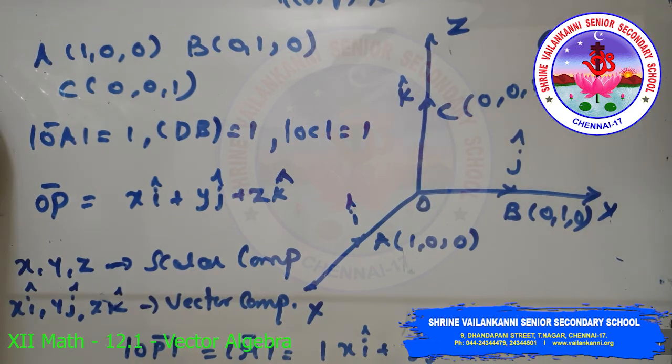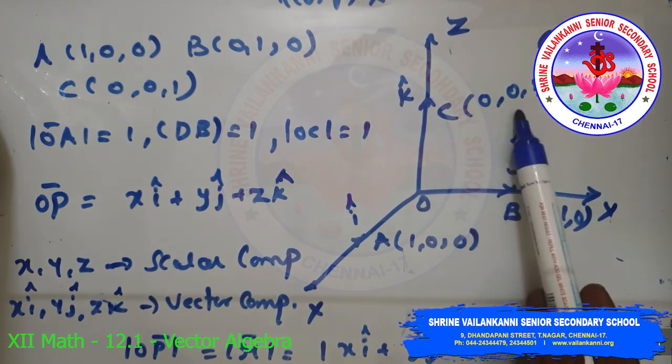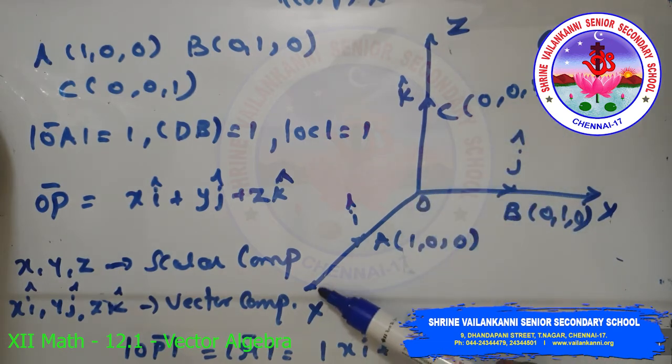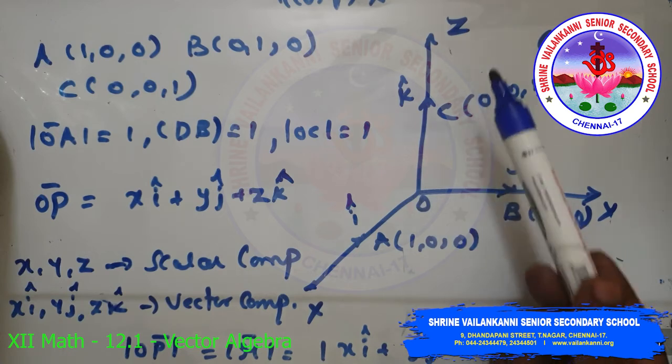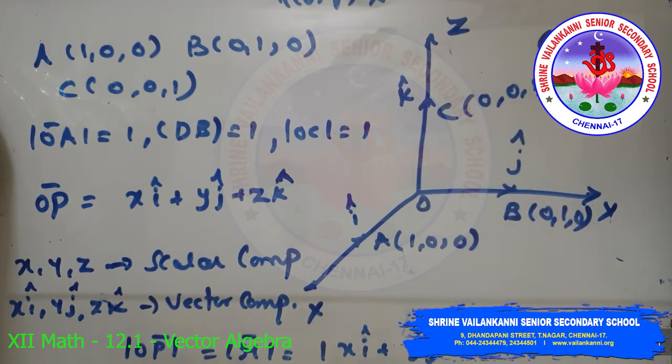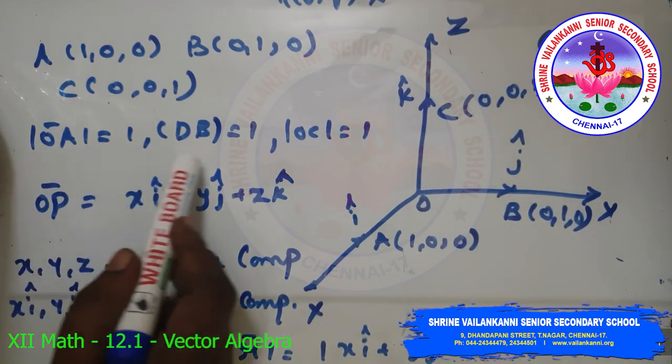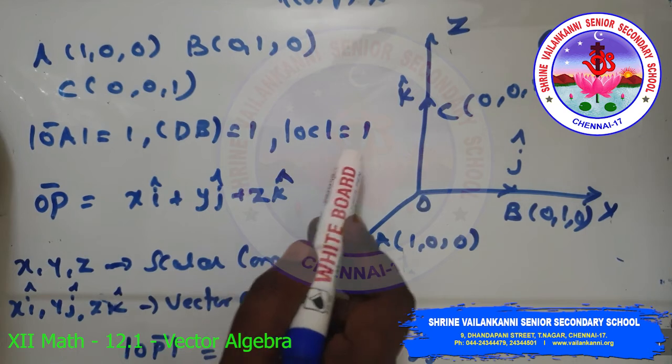Components of a vector. Let us take the points A as (1, 0, 0), B as (0, 1, 0) and C as (0, 0, 1) on the x-axis, y-axis and z-axis respectively. Then magnitude of OA is 1, OB is 1 and OC is 1.